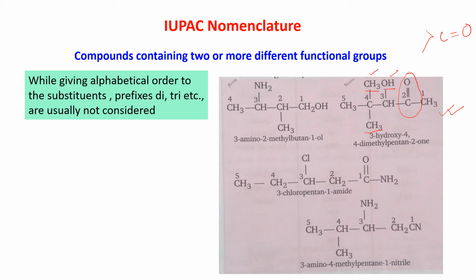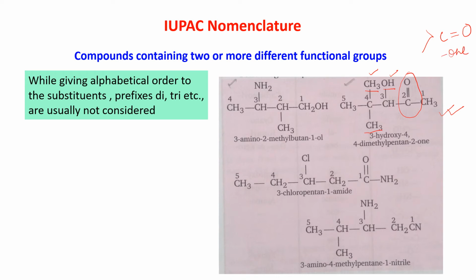So here C double bond O is the leading group, that is the secondary suffix. That is leading the group. So this will be your secondary suffix, coming as one.